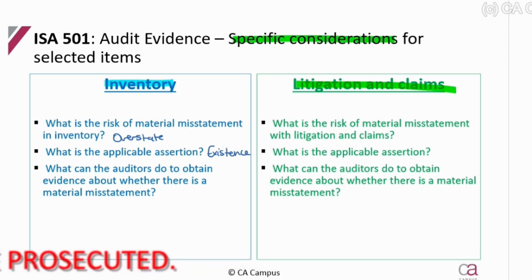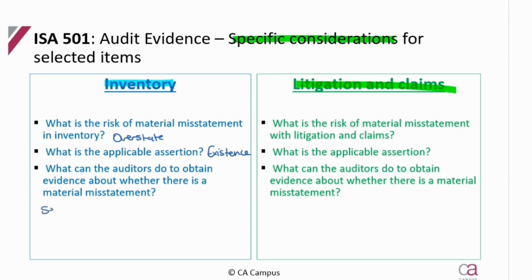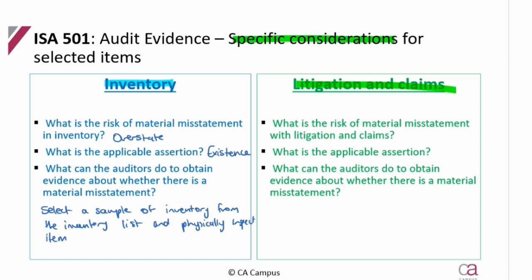So, what can an auditor do to obtain evidence about whether there is a material misstatement about the existence of inventory? I could select a sample of inventory from the inventory list and physically inspect the item to see that it does exist.